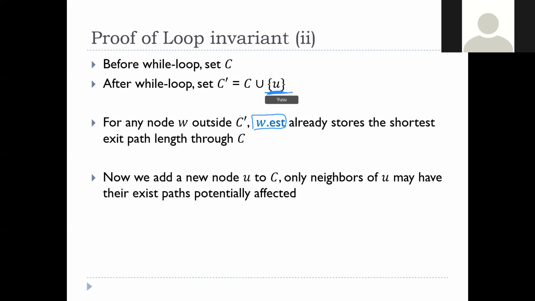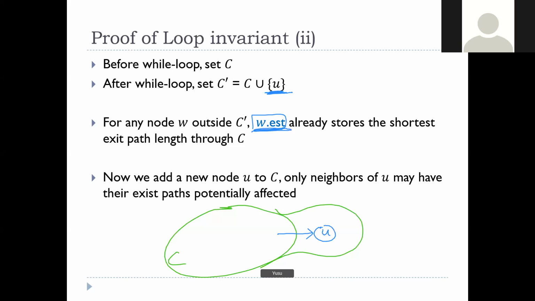Then after that, we only need to update this estimate. So suppose that before we run a certain iteration, we already have set C, and let's say that in this iteration, we then pick the node u and include this u into our set C, okay.